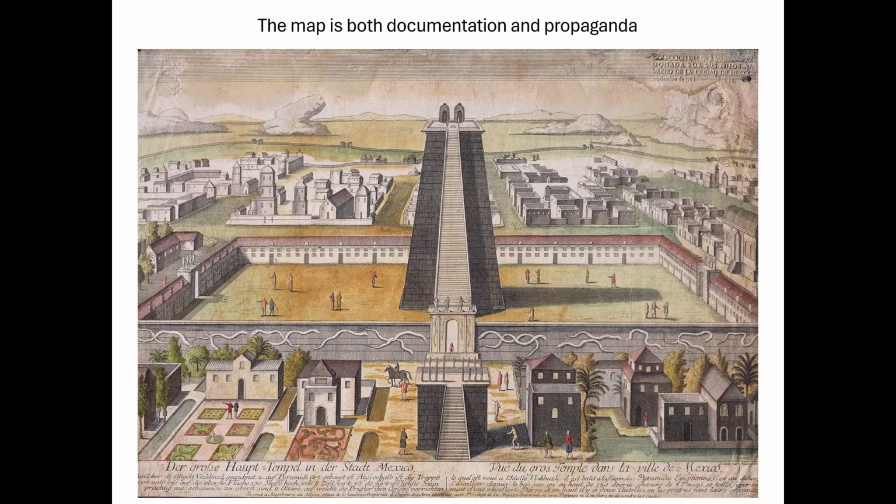By analyzing this map through both European and indigenous sources, we can better understand how architecture, cartography, and political power intersected in the early colonial period. Ultimately, the map isn't just an illustration, it is a deliberate tool used to frame the Aztec world in a way that supported Spanish imperial ambitions.